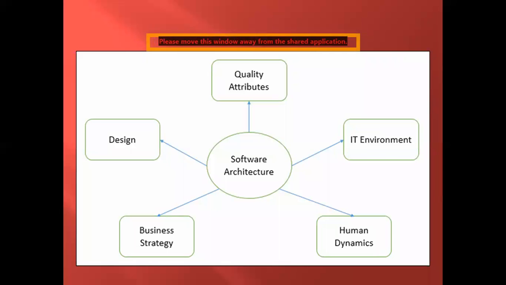Now here you can see this is the diagram. So software architecture is one of the major parts, and from this you can see a number of branches. We can say this is the interior, or the core of the software if we are talking in context of software engineering.